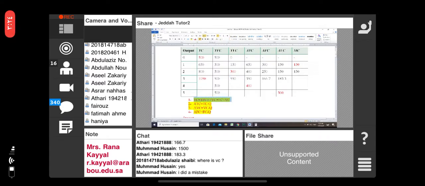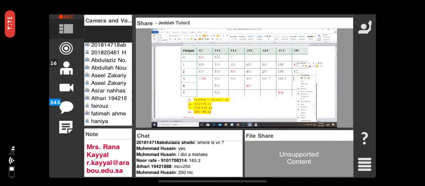Total fixed cost is the same as fixed cost. Marginal cost equals 250, correct.